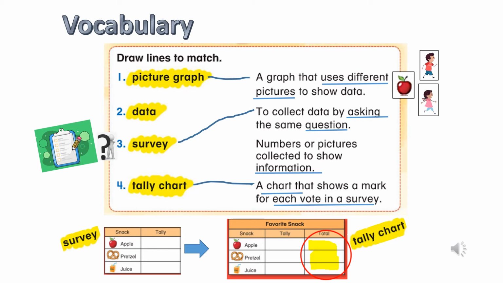And that's where you write the number that matches each set of tally marks. So number 4, a tally chart is a chart that shows a mark, a tally mark, for each vote in a survey, and it also shows the total count for each answer.